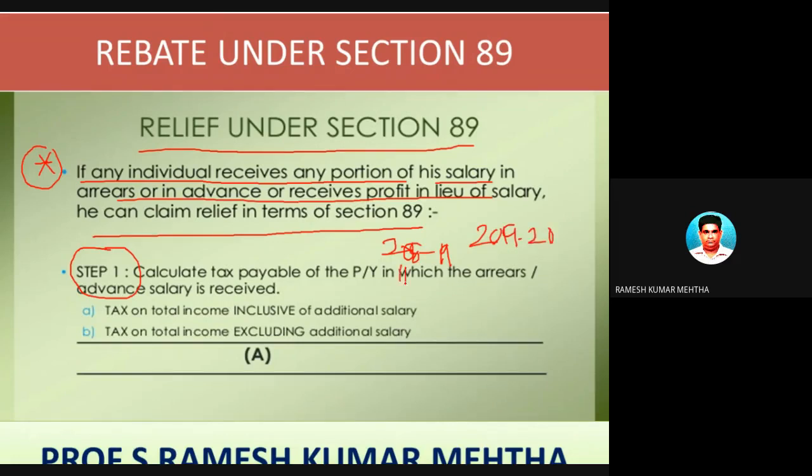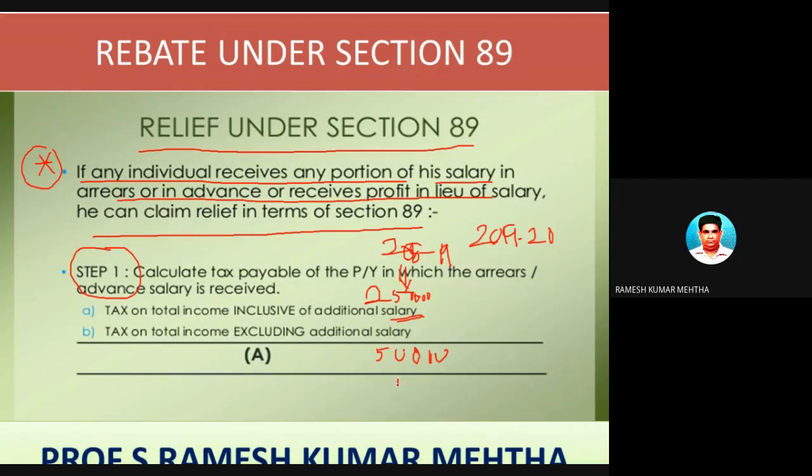In 2018-19, the total salary income was 2.5 lakh rupees, and there is no other income. And he had invested some amount of money in section 80C eligible avenues of investment like PPF and so forth. So his total taxable income was 50,000 rupees.